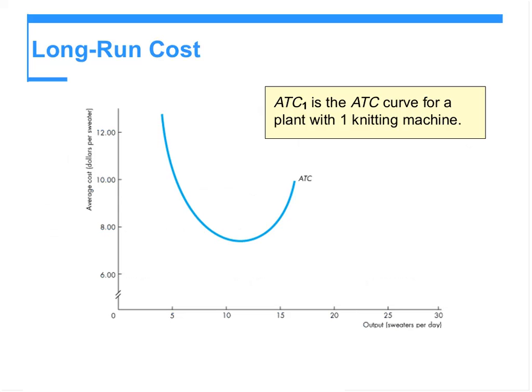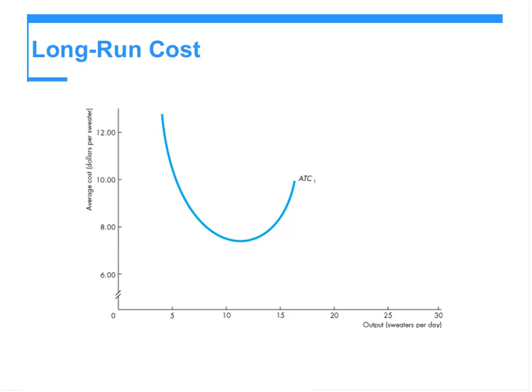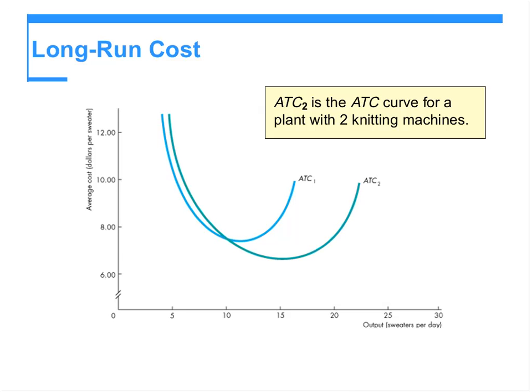Look at here. This is ATC1, or average total cost, the curve for a plant with one knitting machine. ATC2, which is average total cost, is the ATC curve for a plant with two knitting machines. You see, you have two knitting machines.